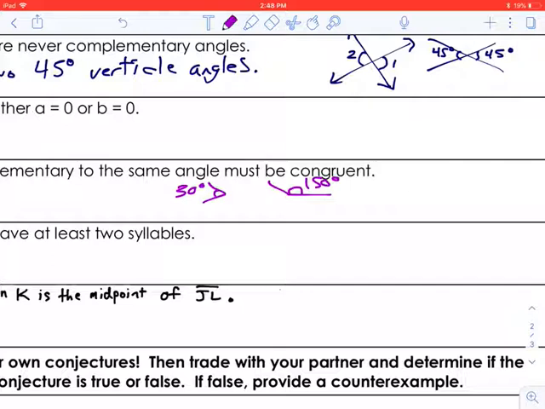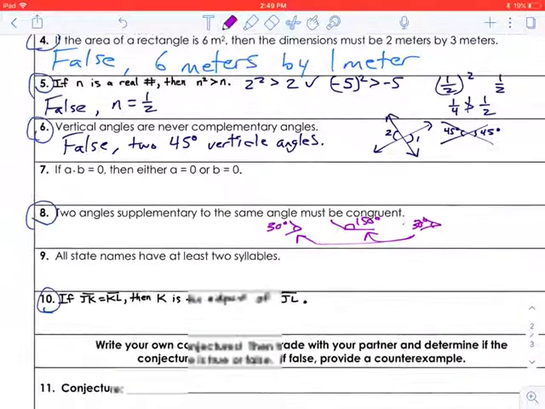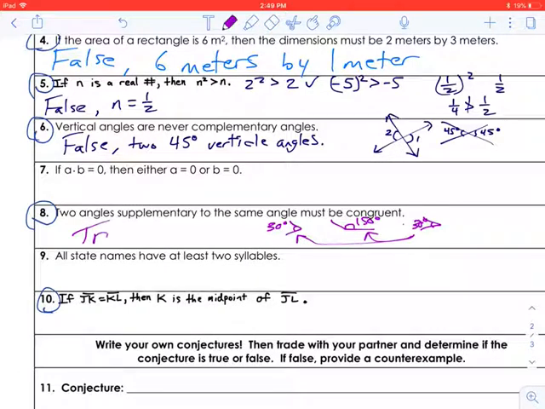Well, if this angle is also supplementary to that angle, doesn't it have to be the same as that? So if this is supplementary to this, then it has to be congruent. Okay, so there's no way to prove that wrong that I can think of.